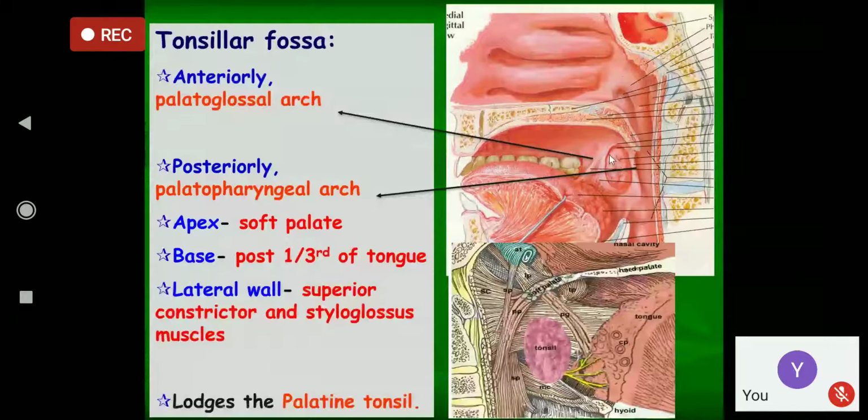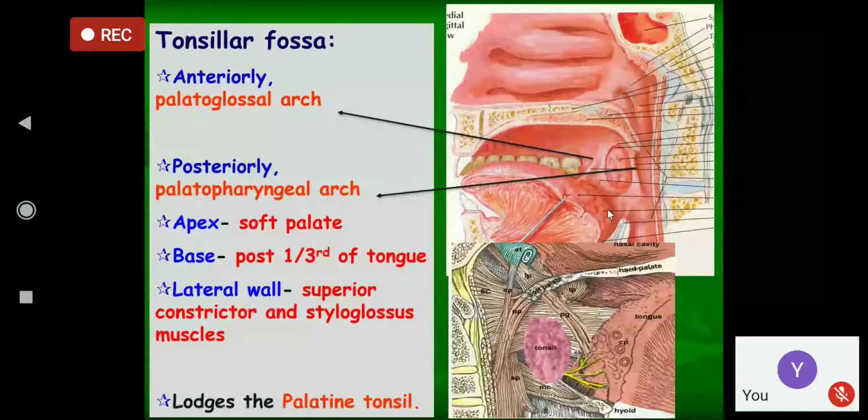Now, how are those arches formed? This is the same as the salpingopharyngeal fold. Beneath this arch we have the palatoglossal muscle, and beneath this arch we have the palatopharyngeal muscle. Now the apex is formed by the soft palate, whereas the base is formed by the posterior one third of the tongue.